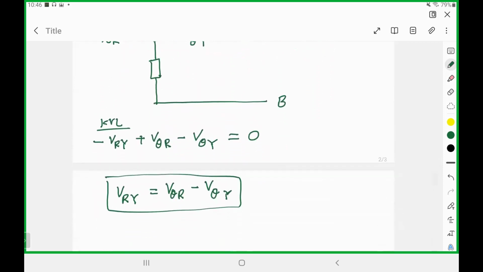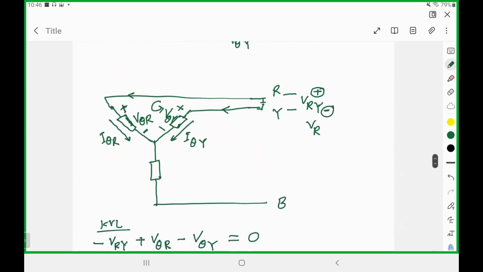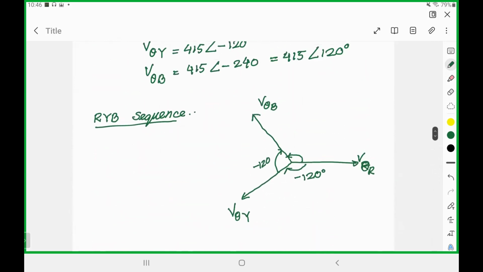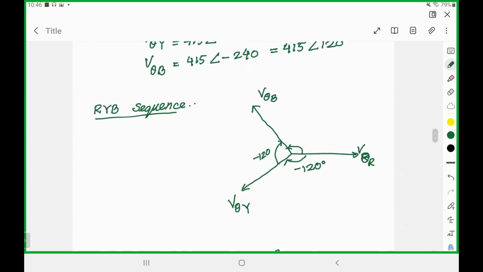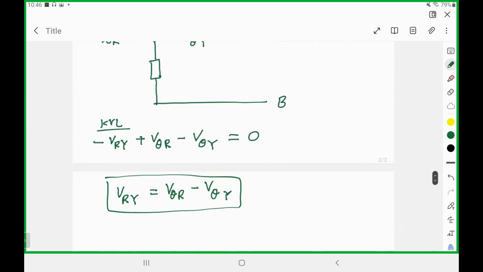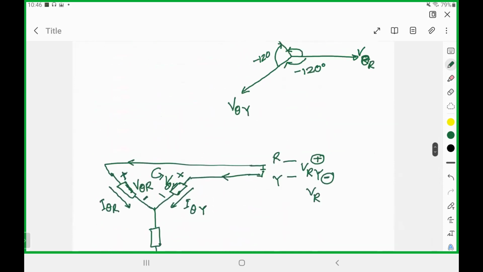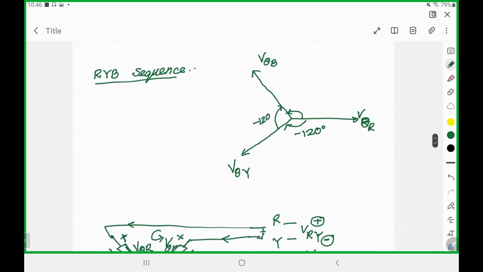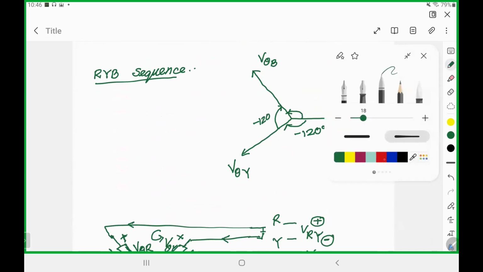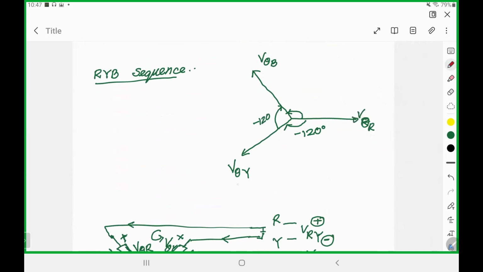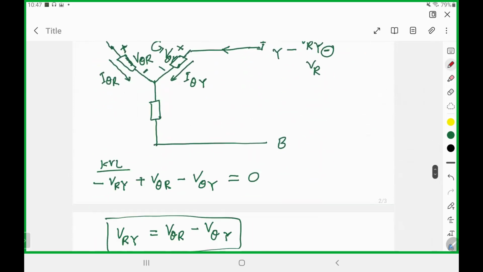Now this addition is a vector addition, right? You cannot do normal algebraic addition. So you have to go back here. This is my vector diagram of my line or phase. And now it is mentioned that I have to subtract V theta Y from V theta R, then I will get the line voltage. So in order to subtract, this is my phase voltage, this is my positive Y, and I have to subtract.